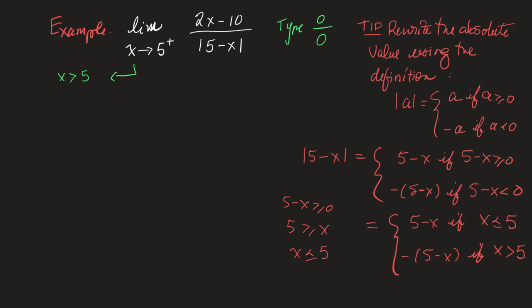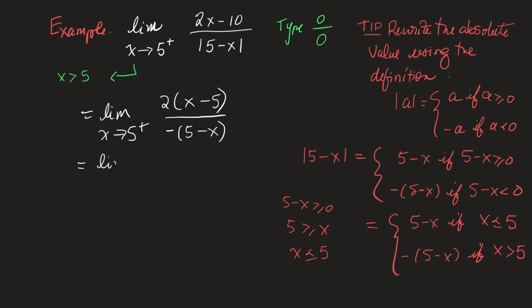So let's rewrite this. And I think while I'm at it, I'm going to factor the numerator. I'm going to pull out a 2. And I have x minus 5. And so on the denominator, I have minus 5 minus x. Okay, and I could rewrite that limit as x tends to 5 from the right. That's 2 times x minus 5.